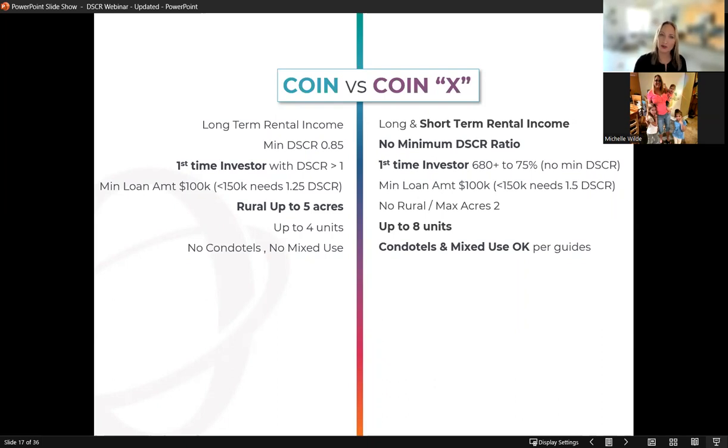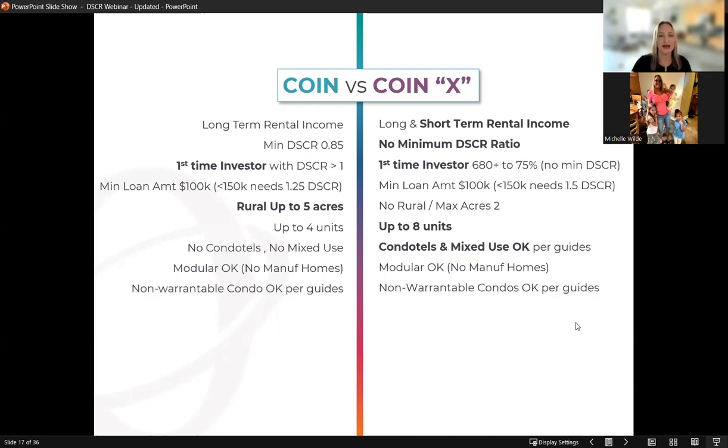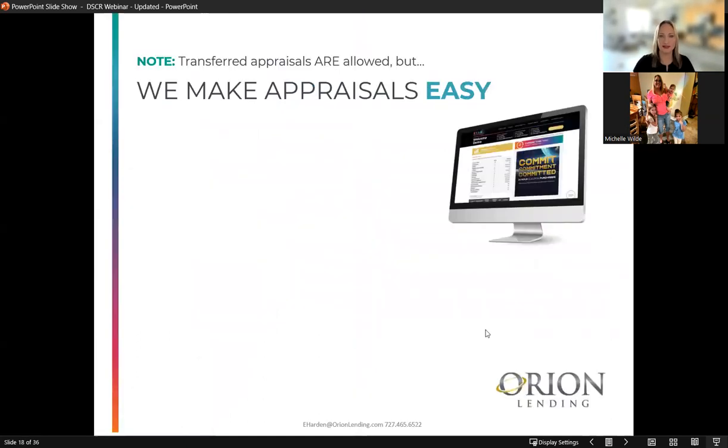It does have to have a legitimate bedroom, and it has to have full-size appliances. So we need a full-size fridge, full-size oven, stove, not like a mini fridge. And modular is okay for both, but no manufactured homes on these. And non-warrantable condos are allowed. If you have one, shoot me over the situation and we'll see if it meets guidelines.